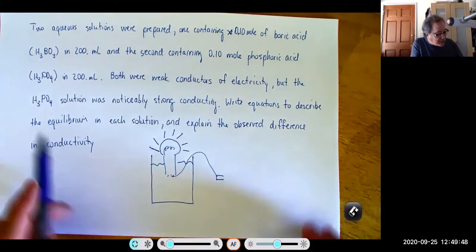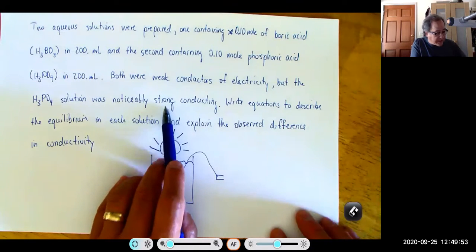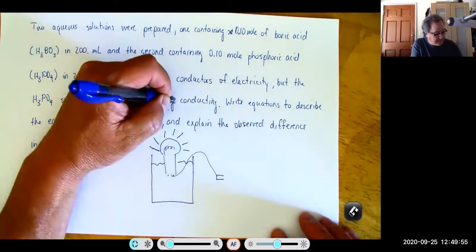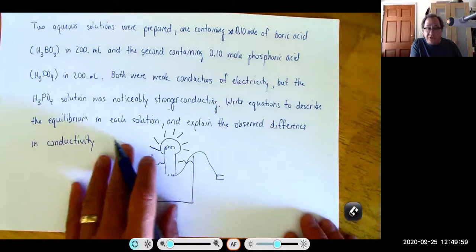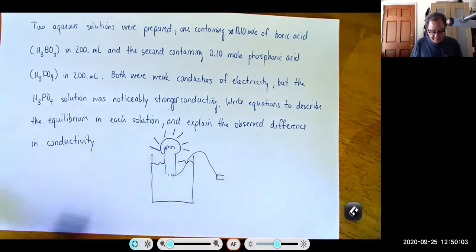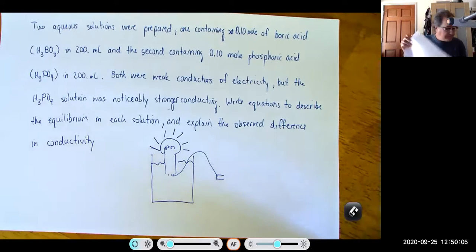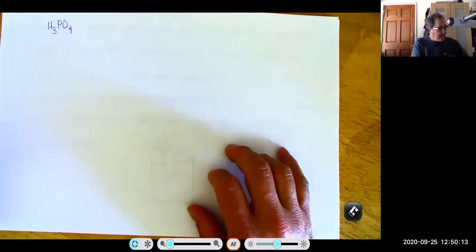But it says the H3PO4 solution was noticeably stronger conducting. Write equations to describe the equilibrium in each solution and explain the observed difference in conductivity. So let's start off with phosphoric acid. And here we're going to do this the long way.